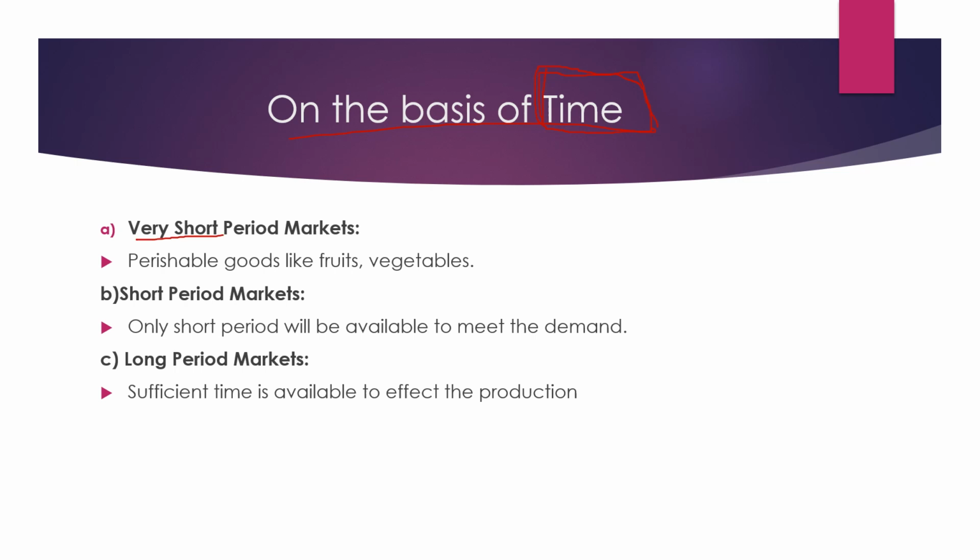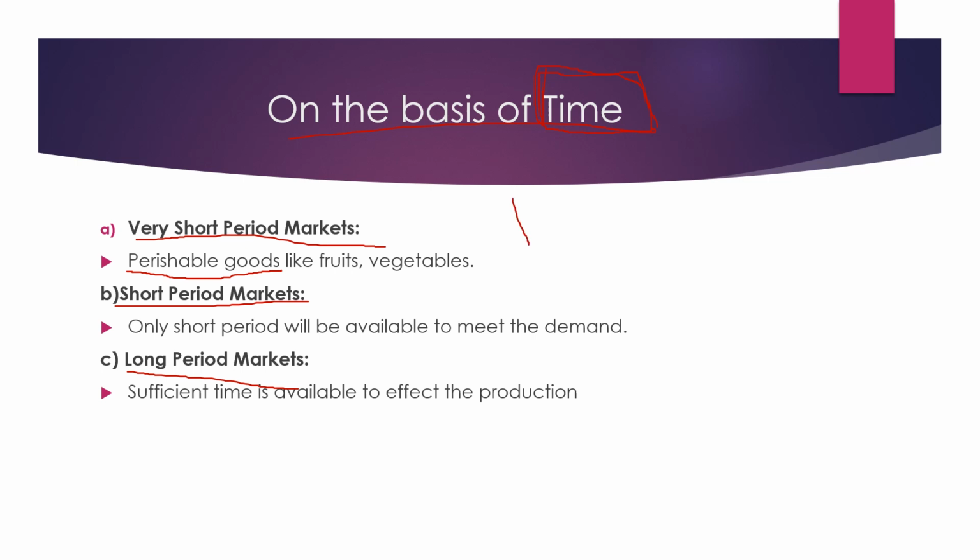First one is very short period market, second one is short period, and third one is long period market. Very short period markets take care of all perishable goods and services, like fruits and vegetables, which they purchase and distribute.